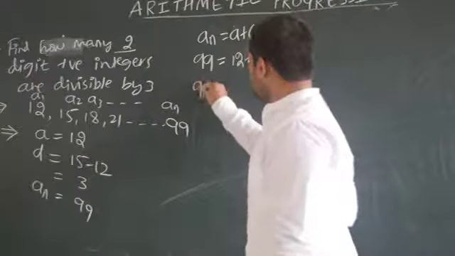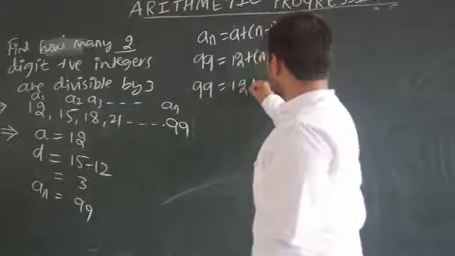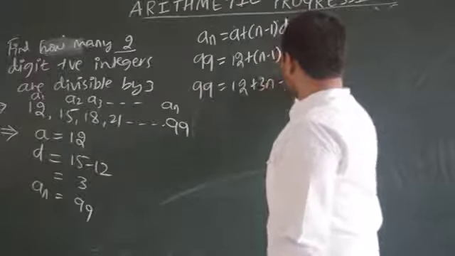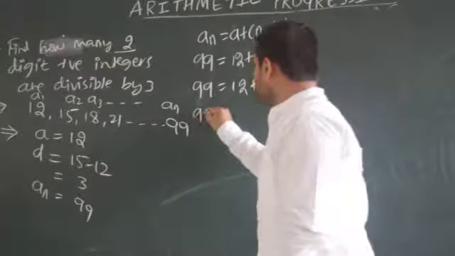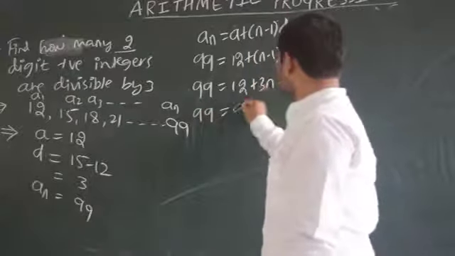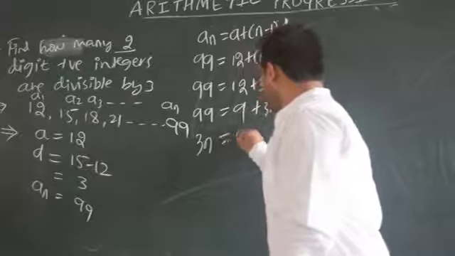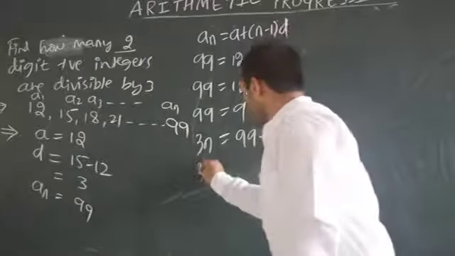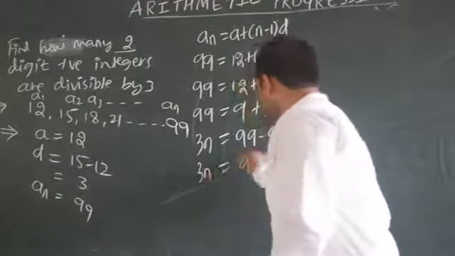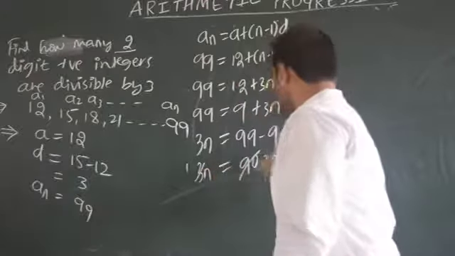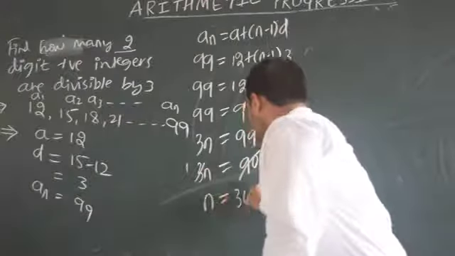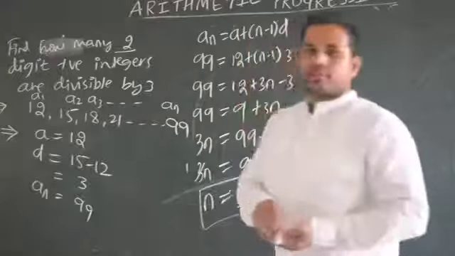Then 99 is equal to 12 plus n into 3 is 3n minus 3. Then 99 is equal to 12 minus 3, which is 9, plus 3n. So I will get 3n is equal to 99 minus 9. Then 3n is equal to 90. Then 3 ones are 3, 3 nines are 27, I can cancel like this. So n is equal to 30. So what will be the conclusion for this?